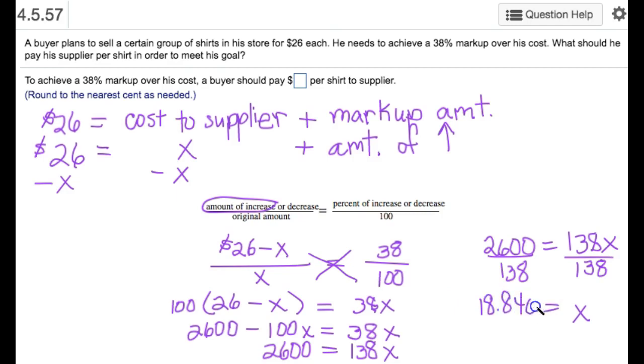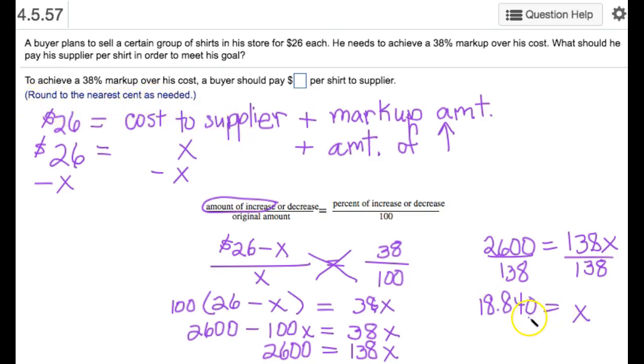That gives us 18.840. I know that's as far as I need to go, because remember, X represents the cost to the supplier. The blank here will help too. We know this needs to be a dollar amount, which makes sense with what we called x, because x is a cost. It also says round to the nearest cent.